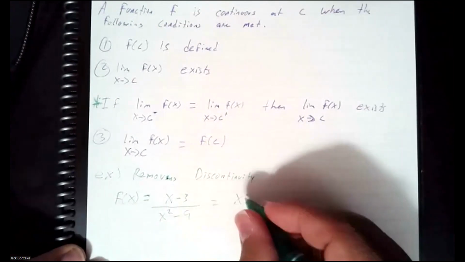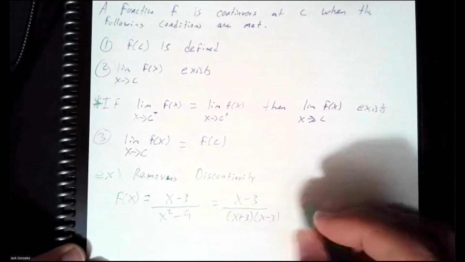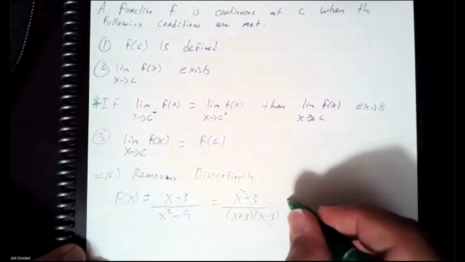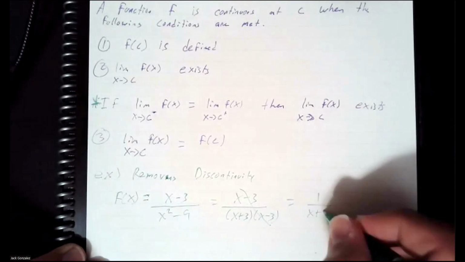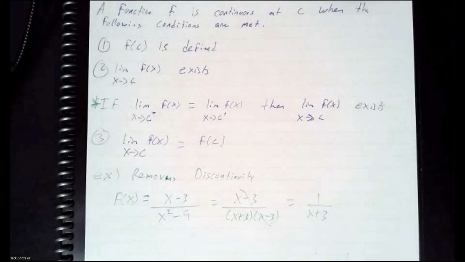Remember we had this cancel out earlier. So when this happens, this is an example of a removable type. All right. Does that make sense? Yes.